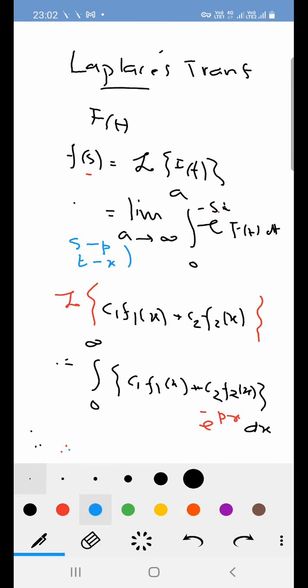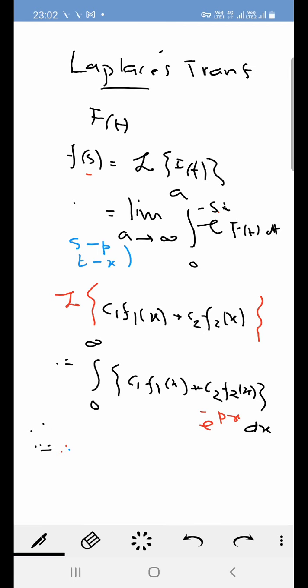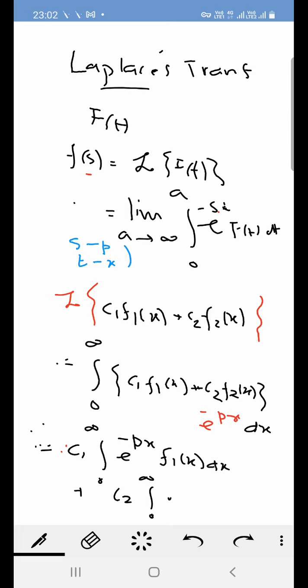Continuing to simplify, if we separate the two terms, it becomes C1 integral from 0 to infinity of e to the power minus px f1(x) dx plus C2 integral from 0 to infinity of e to the power minus px f2(x) dx.